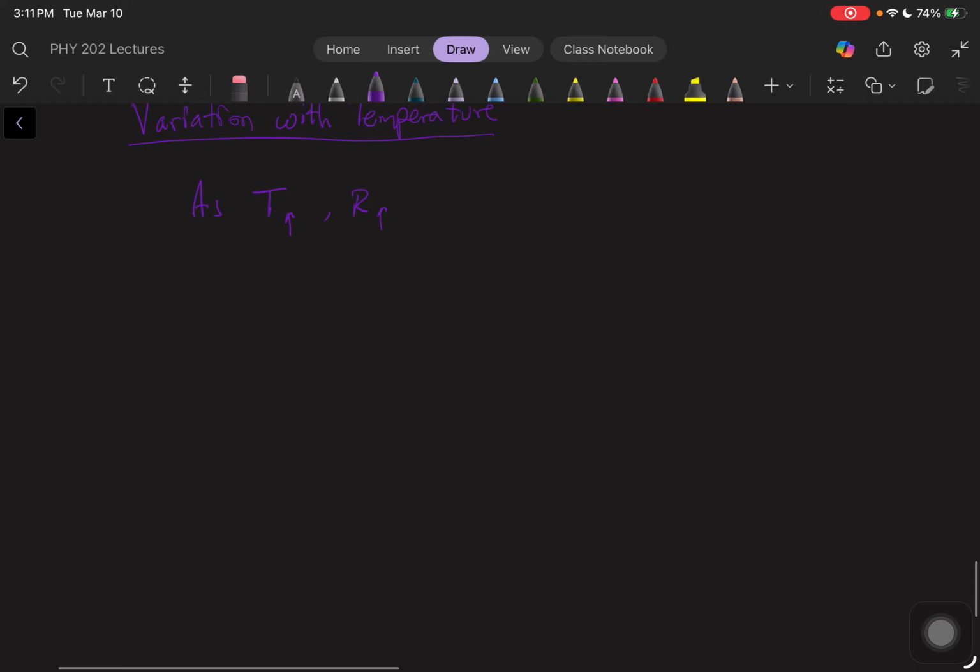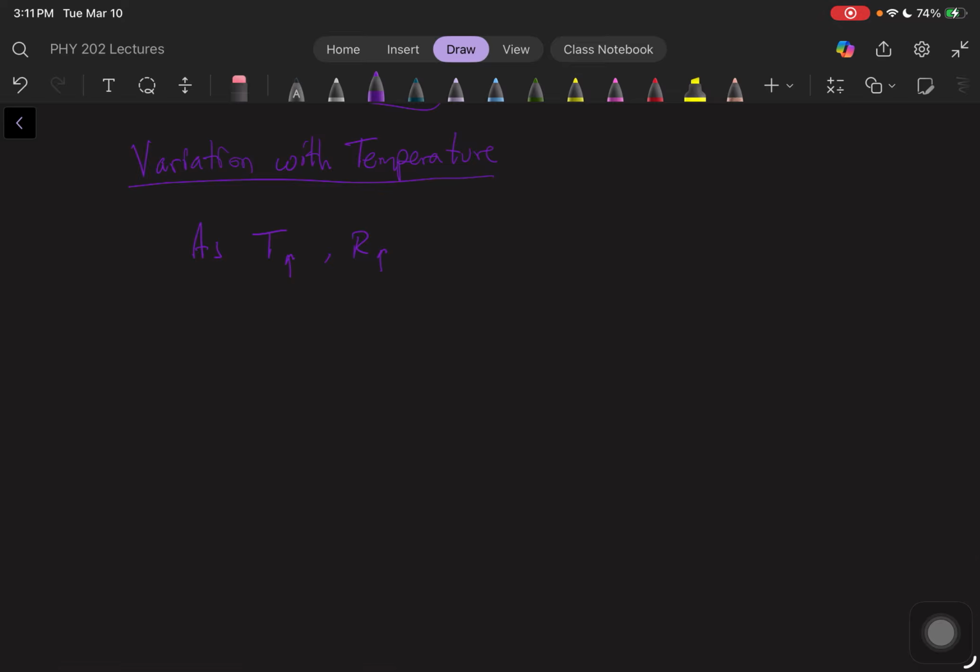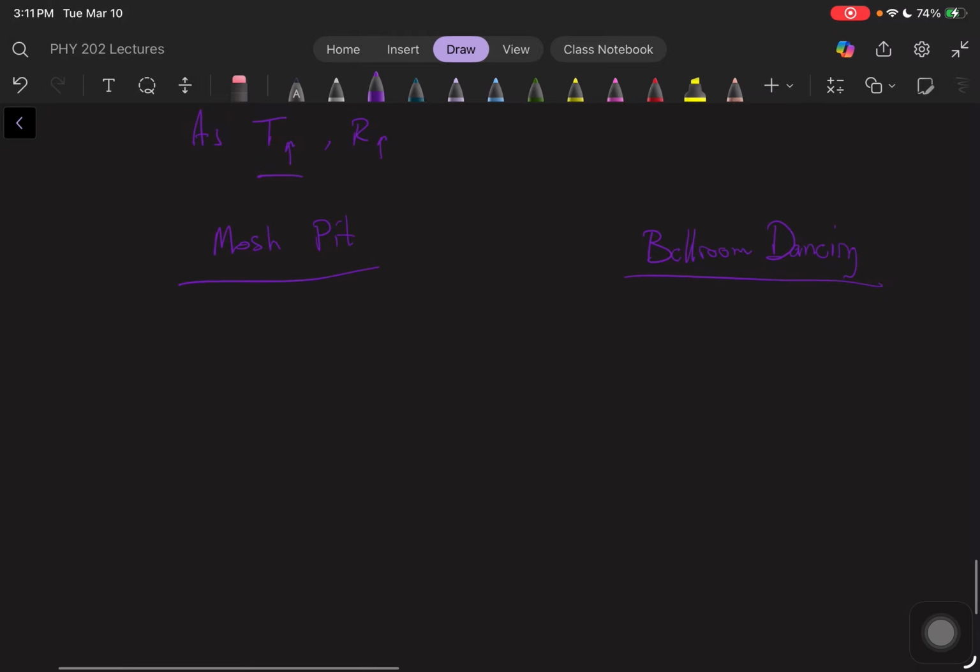And so the way I like to think about this is, think about you're at a concert. Maybe the first concert has a mosh pit. Maybe the second one's ballroom dancing. I don't know if many of y'all have been to many mosh pits or ballroom dances.